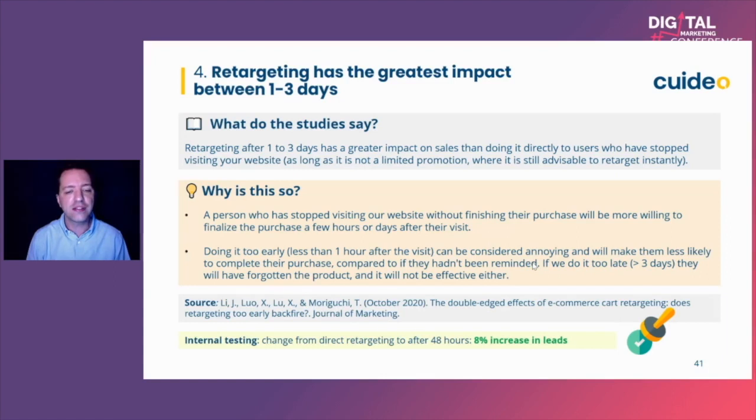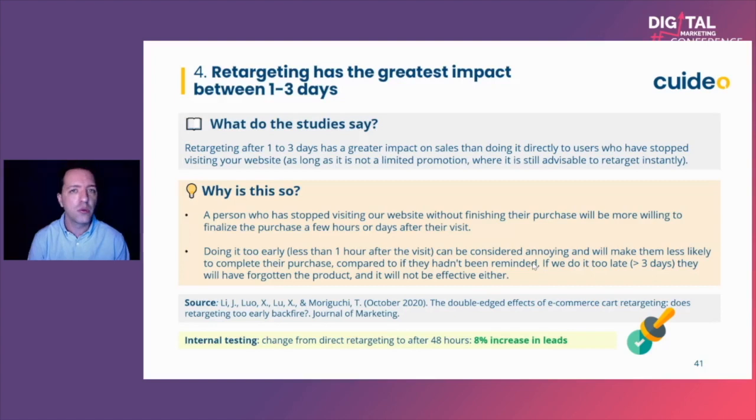We also did this, so we changed our retargeting, right? To after 48 hours, because of the specific niche that we're in, right? So people need to consult, if they leave their data, or if they visit the website, they need to consult that with their family members, because in our case, people are taking a very important decision, right?